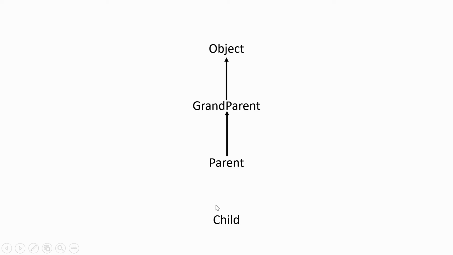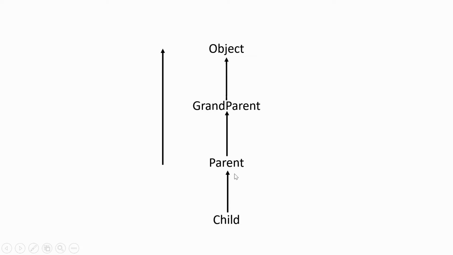So far what we have done: we know that grandparent is a child of object and parent is a child of grandparent. Child is a child of parent.